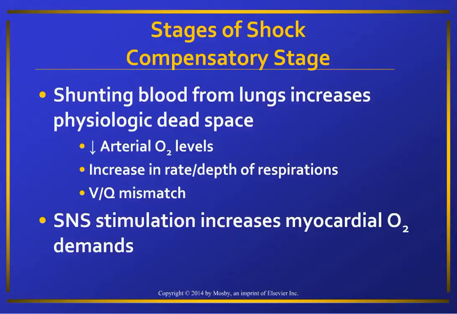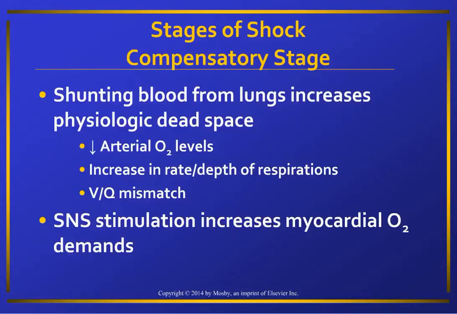Shunting blood from the lungs increases the physiologic dead space. The physiologic dead space is the anatomic dead space, or the amount of air that will not reach gas-exchanging units, and any inspired air that cannot participate in the gas exchange. This results in decreased arterial oxygen levels, an increase in the rate and depth of respirations, and a VQ mismatch.